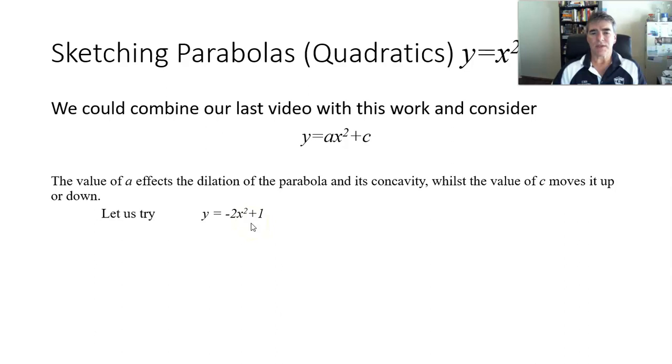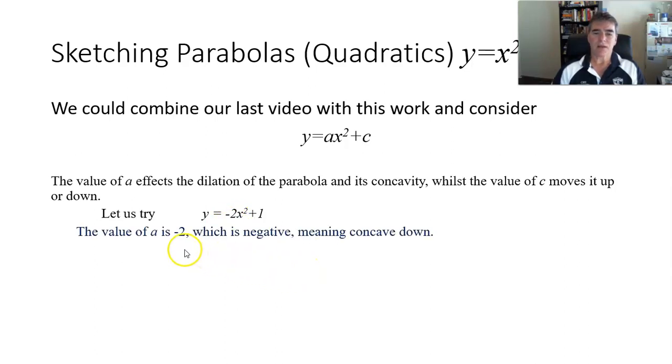So when I do these, I like to break it up into different parts. I first of all look at the x squared, and I know that I have a parabola that looks something like this, a concave up parabola. Then I look at what the coefficient of the x squared, the number multiplying the x squared, is, and I notice that that is a -2. So that negative means that it's going to be a concave down parabola.